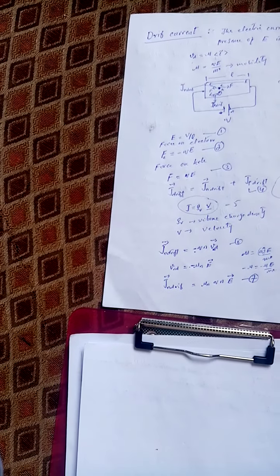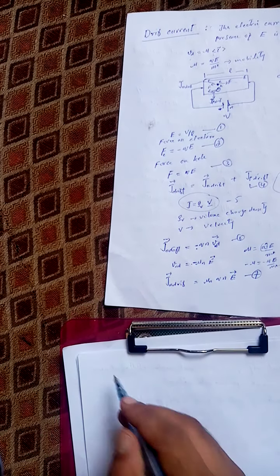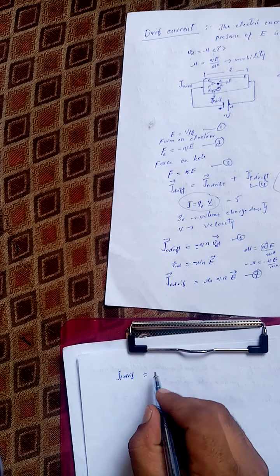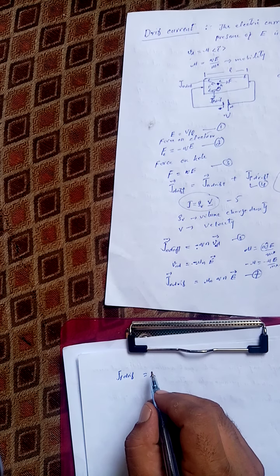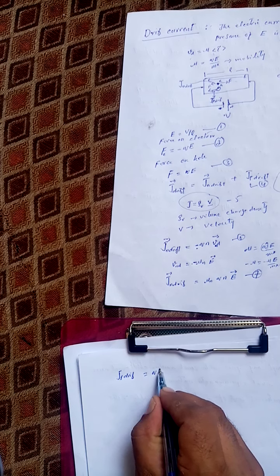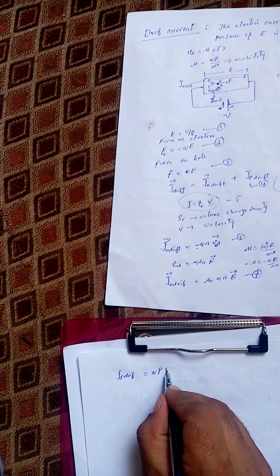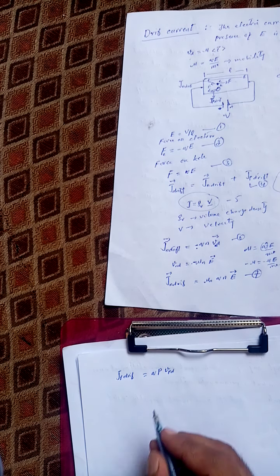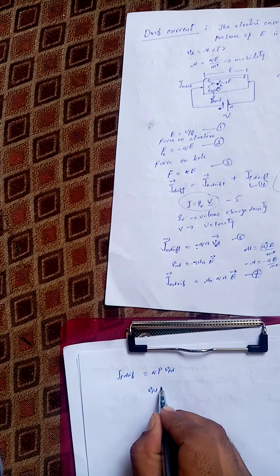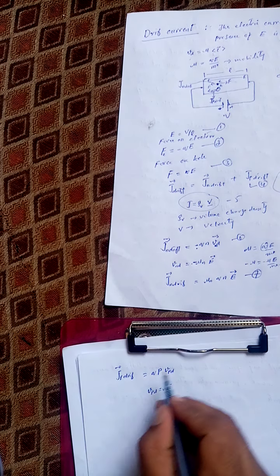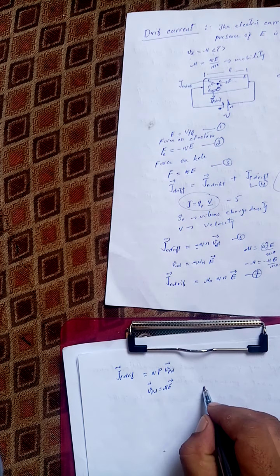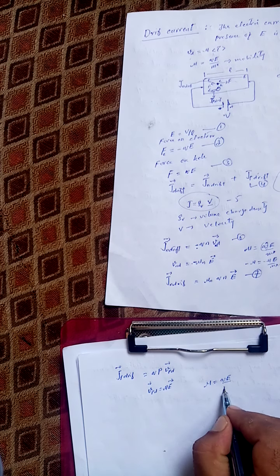Now similarly, for holes, the drift current, which we represent by J_p drift, is equal to the volume charge density, which is q p, and we have the drift velocity of hole, v_dp. The drift velocity of hole is mu E. This is a vector quantity, so I will put a vector sign here, because mu is qτ divided by m star.